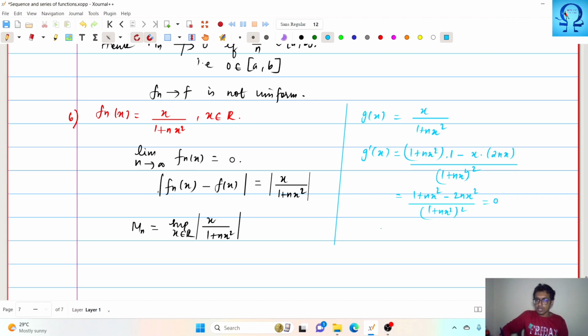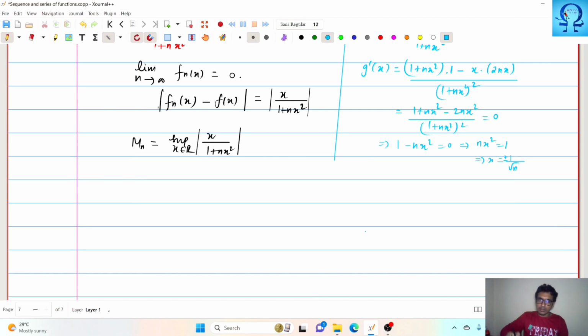When we equate it to 0, we have 1 minus nx square equals 0. This implies nx square is 1, therefore x is 1 upon root n. So you will have two different values of x, that is 1 upon root n or minus 1 upon root n.